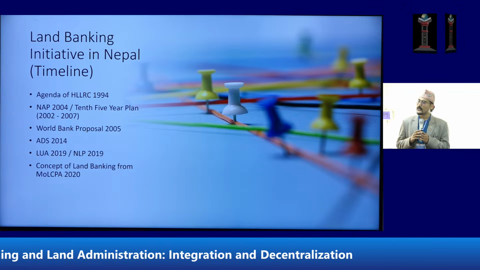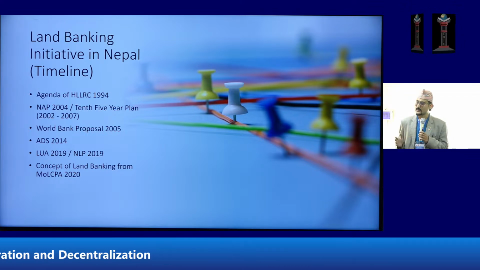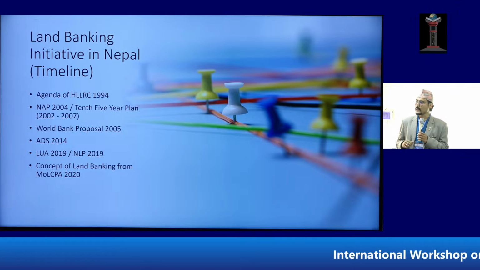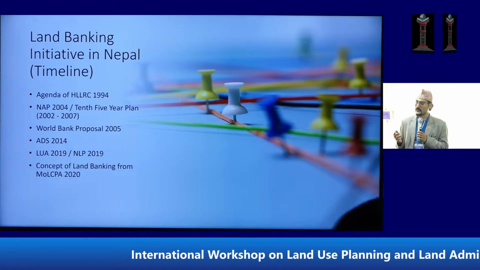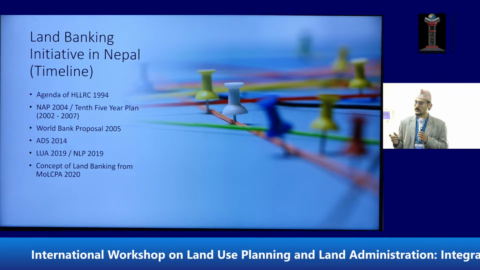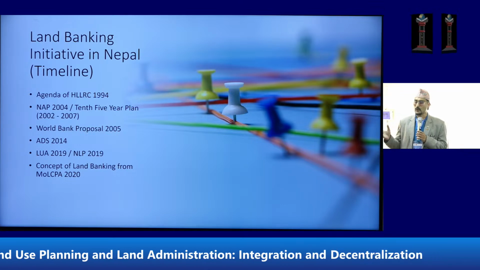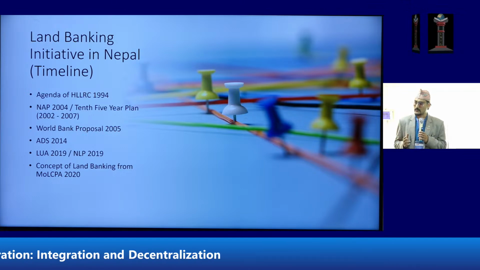It was halted. Then in 2014, the Agricultural Development Strategy again talked about the establishment of a land bank. And recently, the Land Use Act in 2019 and the National Land Policy also talked about the establishment of a land bank briefly.